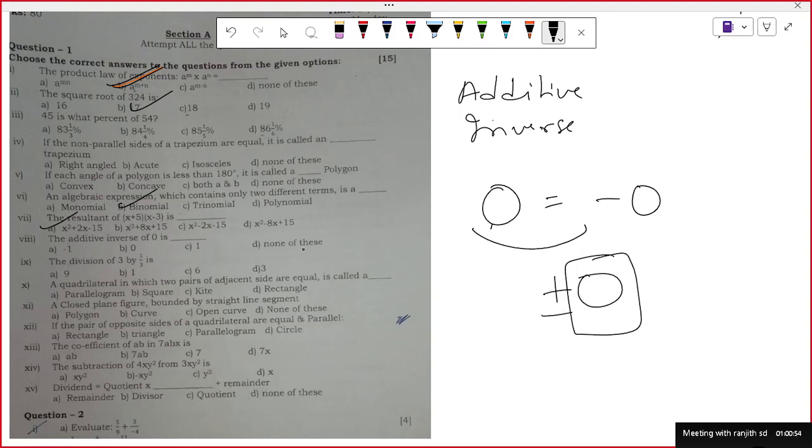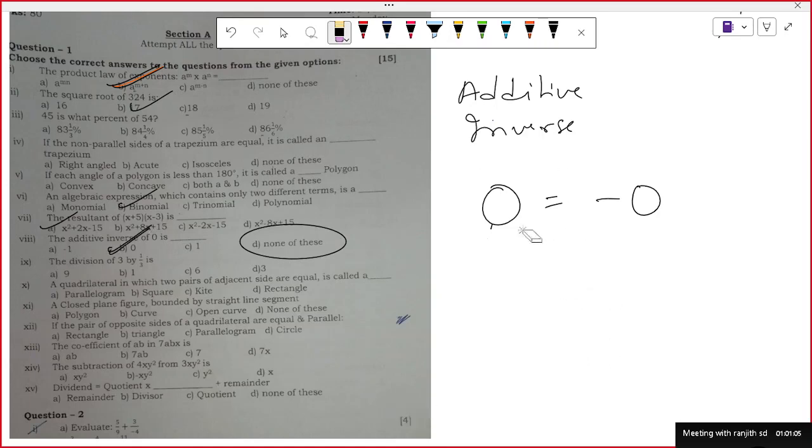To confuse you all, they've given even the option none of these. It is wrong. The answer is B or D. Who told minus? 0 is nothing, just empty hands. How will you have plus 0 and minus 0? It's neutral.